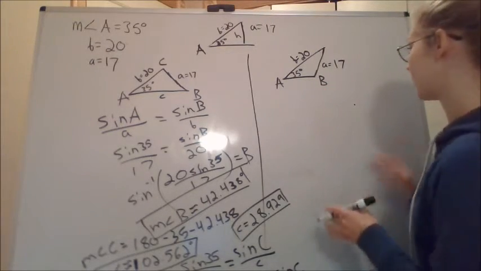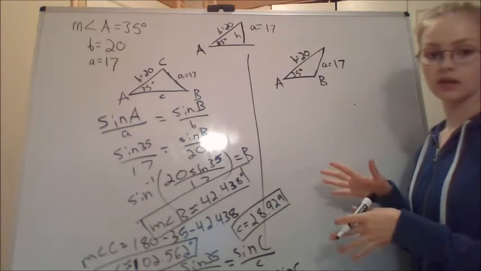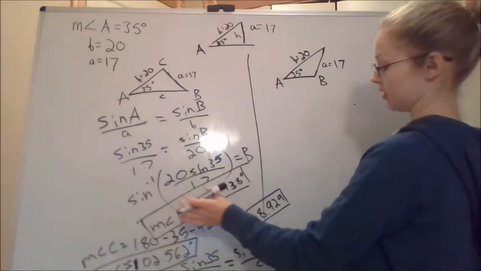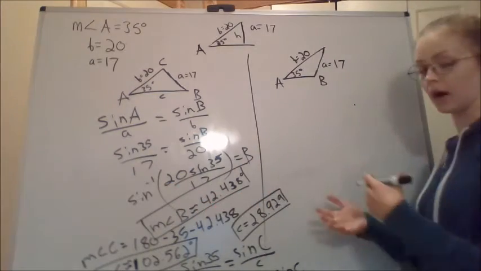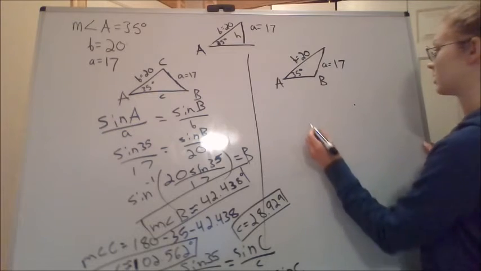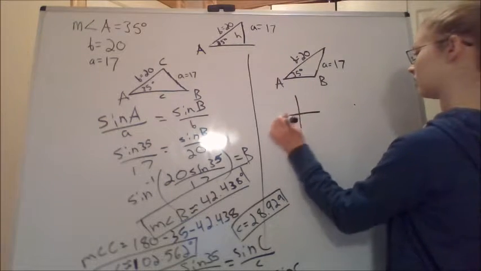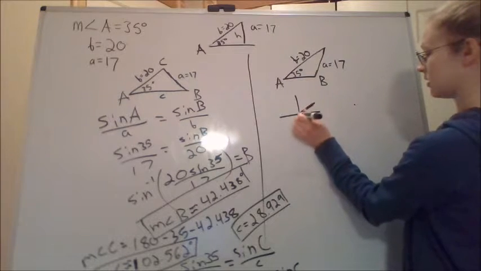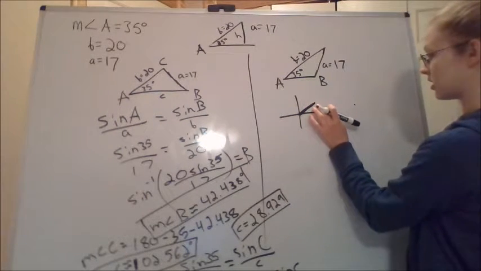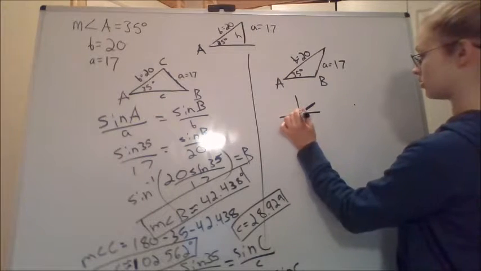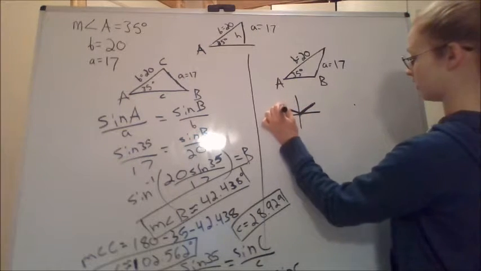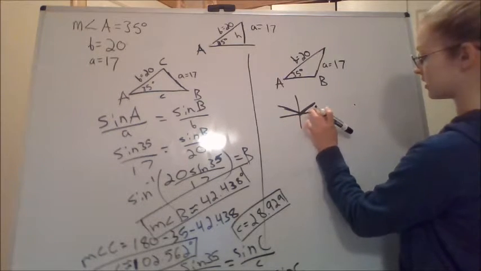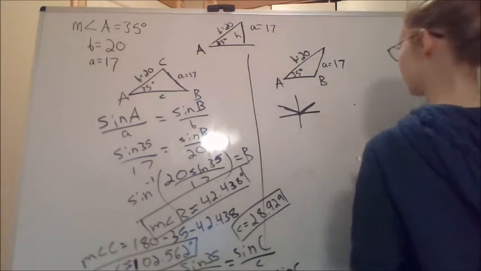So if we want to find the obtuse B, all we have to do is take our acute B, which is right here, and go 180 minus that acute B. And that works because if we look at the unit circle, the sine of this angle is equal to the sine of this angle. And if we want this angle, all we're going to do is take 180 minus this angle. So that's why that works.